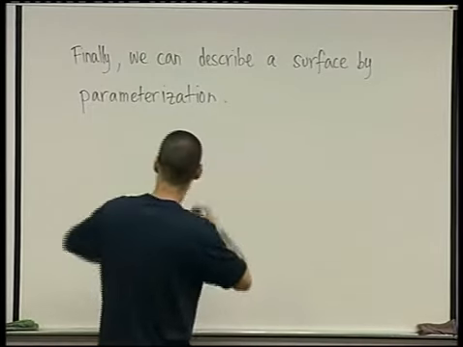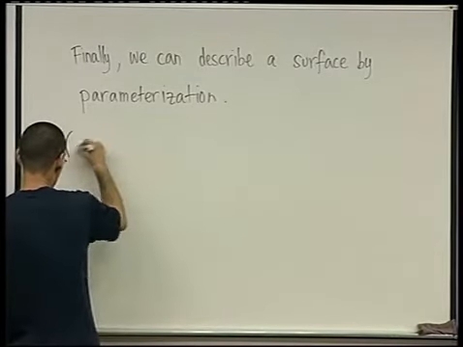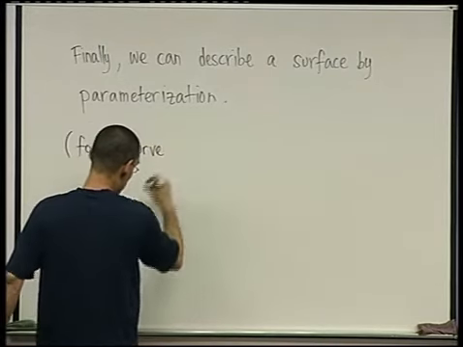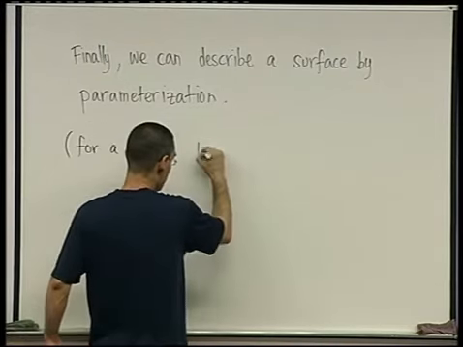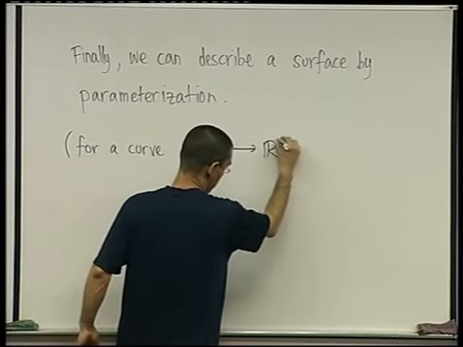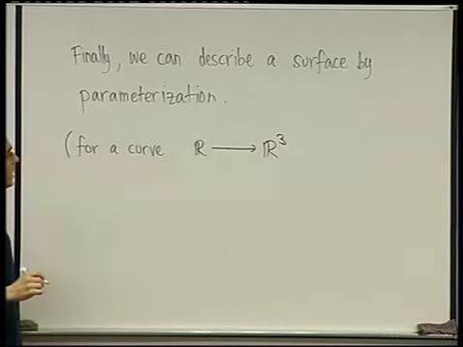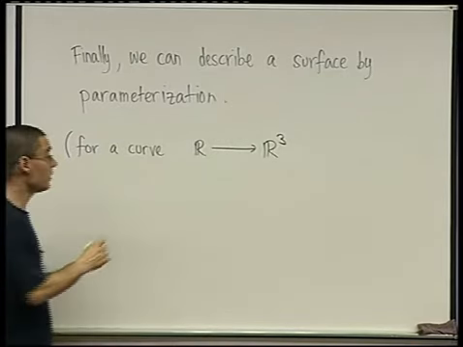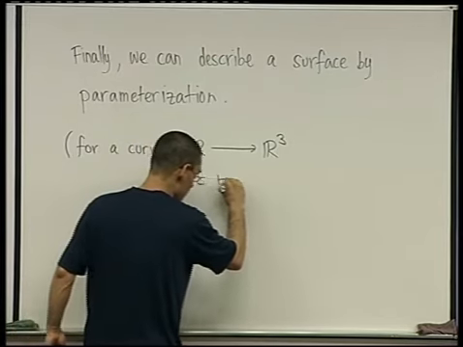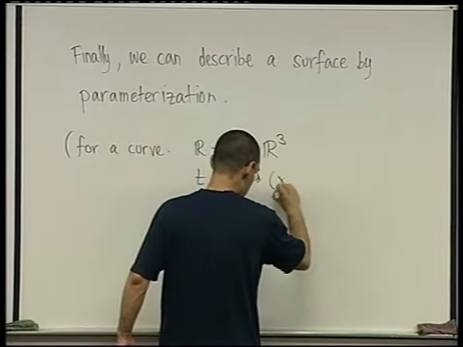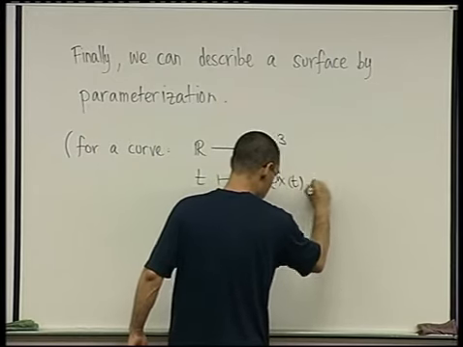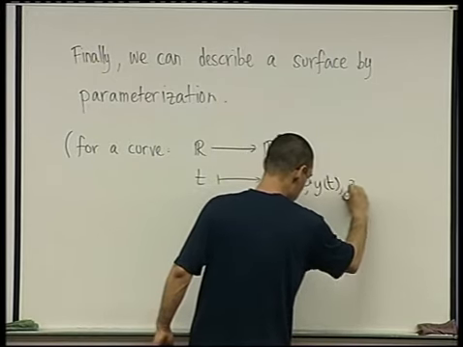So for a curve, we had a map going from R to R3, for example, if it was a curve in three-dimensional space, taking t and sending it to x of t, y of t, z of t.